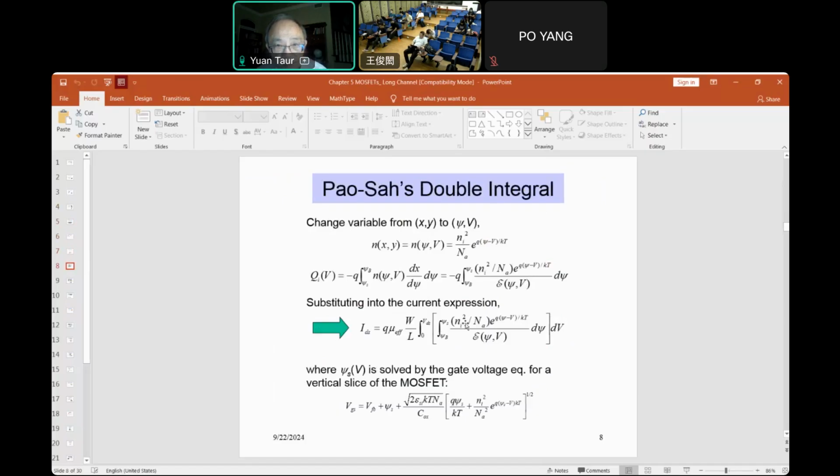The whole thing looks like this. This is qi, and this whole thing goes into here, except that you take the q out. So this is the first step of the MOSFET current model: to apply the gradual channel approximation and derive the Poisson double integral. So we take a 10-minute break and we'll resume at 11:10.